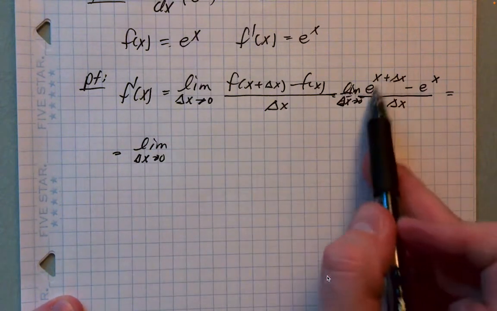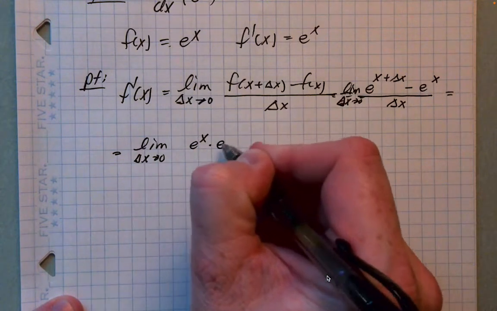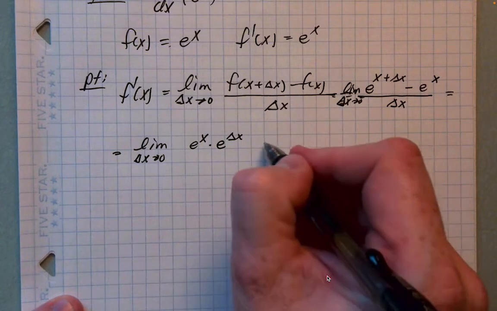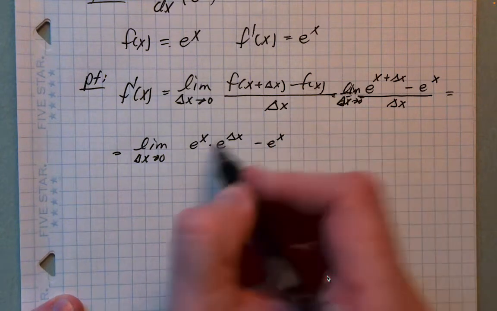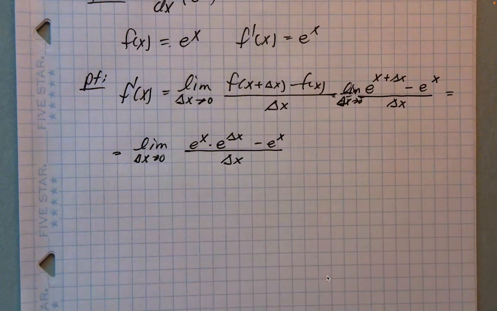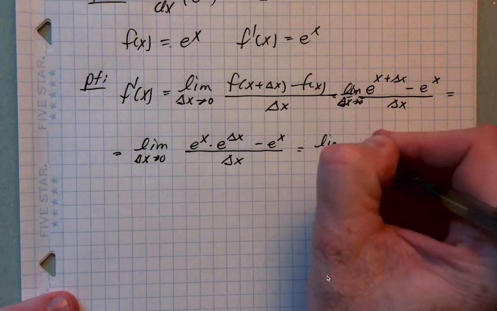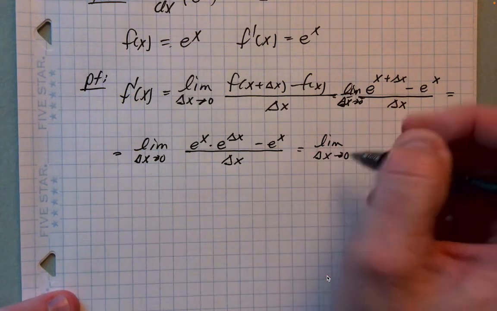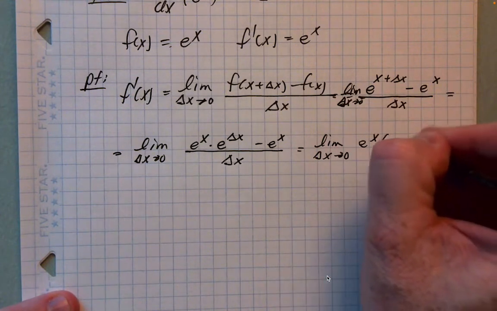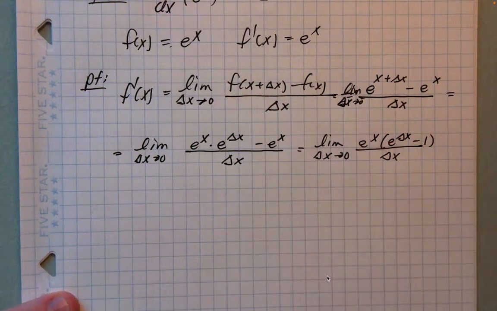And we can break this apart into e to the x times e to the delta x, minus e to the x, and that's all divided by delta x. And then of course, we can do some factoring, like so. Not a problem.